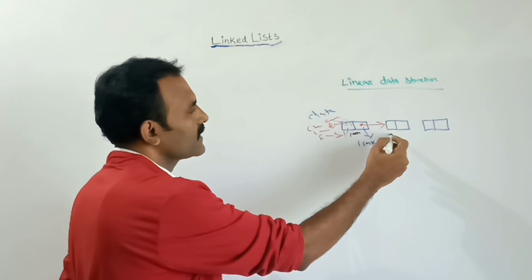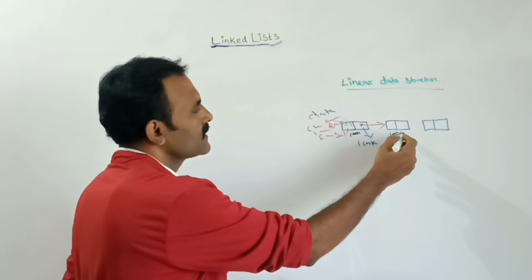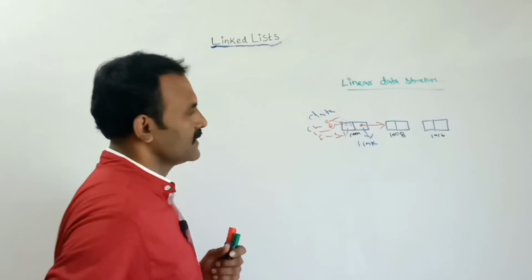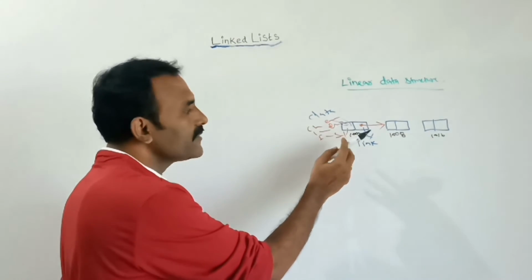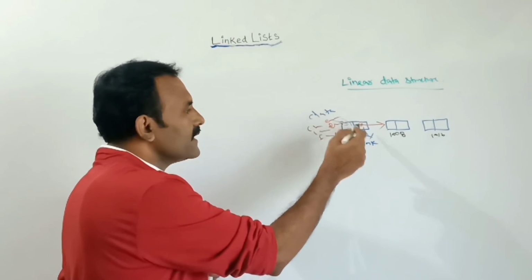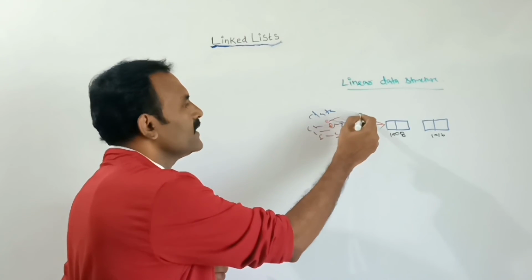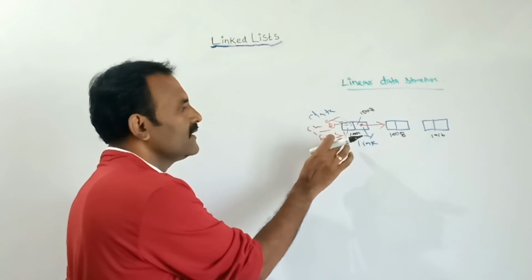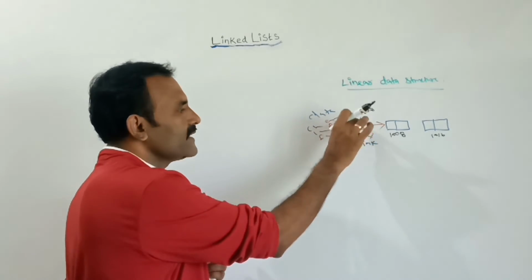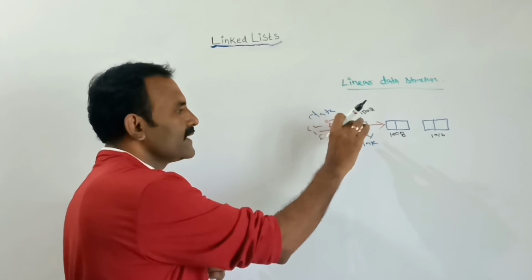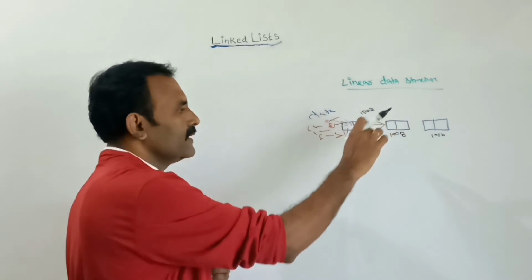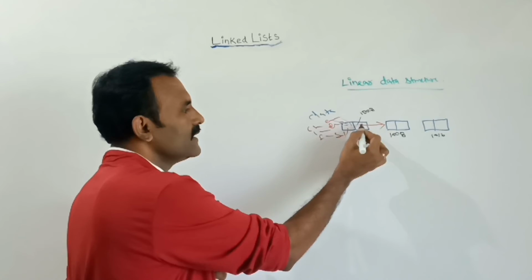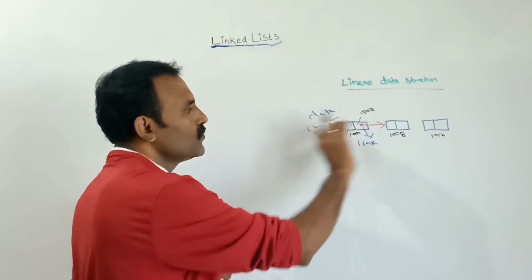For this node let us assume the starting address is 1008, and for this one let us assume it is 1016. So this link part holds the value 1008, and from here we can link, that is the relationship. In the link part I have set the adjacent element linearly, so that the 1008 is stored by this link part.